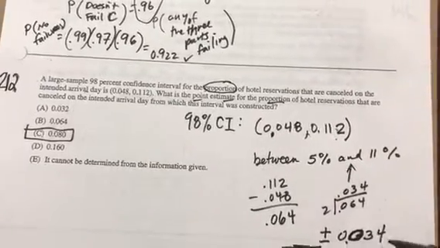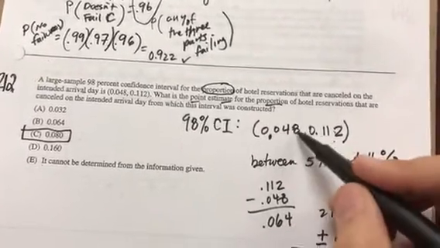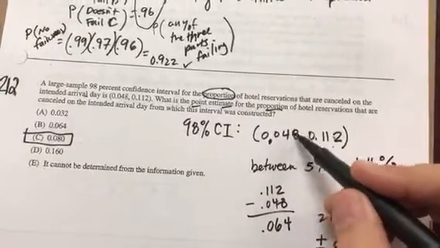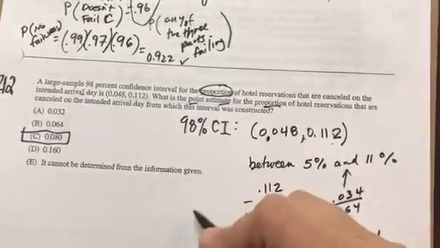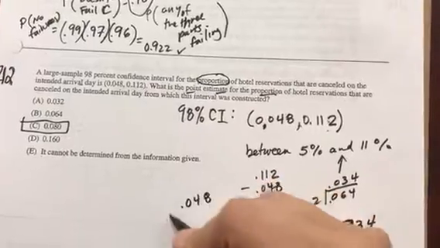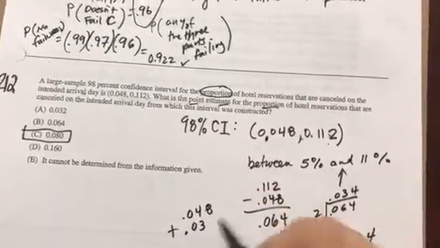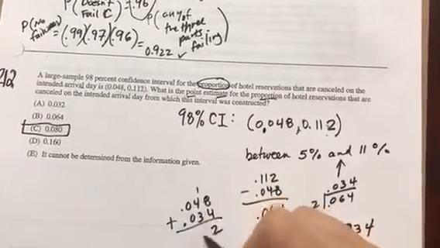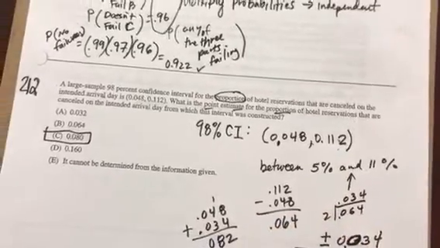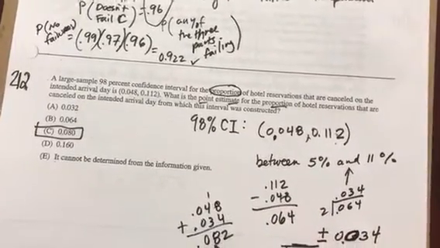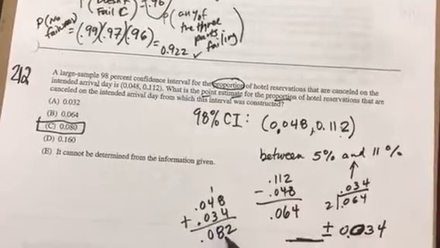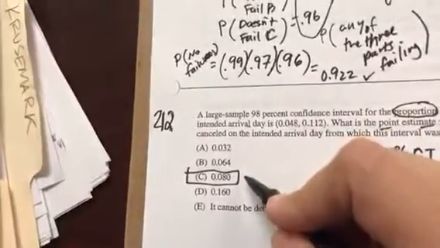So I merely add this to 5, or more specifically 0.048, or subtract it from there, and I probably should do both to just double check my math. So if I add that, I get 0.08, and that is my answer.